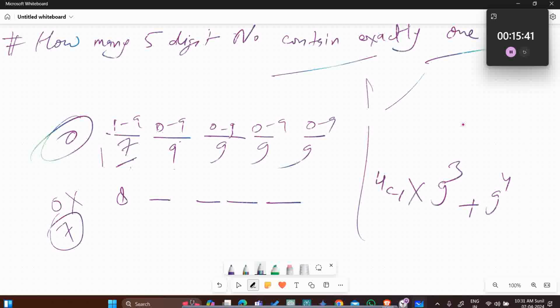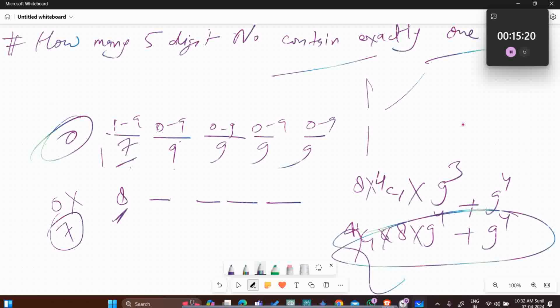We forgot 8 here, because 8 options are there. So the answer is 8 into 4C1 into 8 into 9 to the power 3, plus 9 to the power 4. This is the answer, right? That's how we do it.